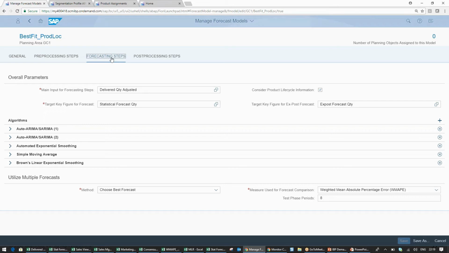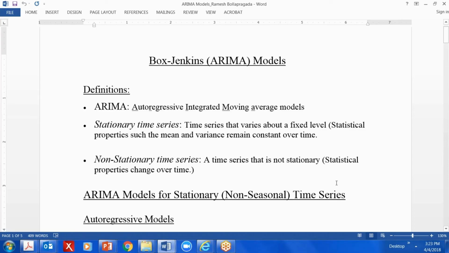I'll ask Dr. Ramesh to give you a brief introduction and an example of ARIMA and seasonal ARIMA forecasting algorithm. The ARIMA models have become popular because most of the time series models and regression models could be special cases of ARIMA models.